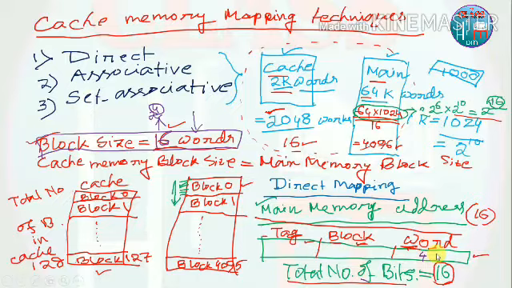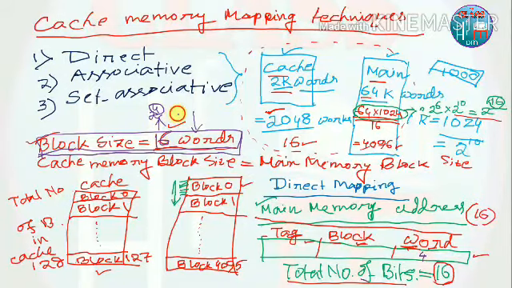So how do we calculate the word size? You can easily calculate it this way. At first you will look at the block size. Now suppose your block size is given as 32 words.